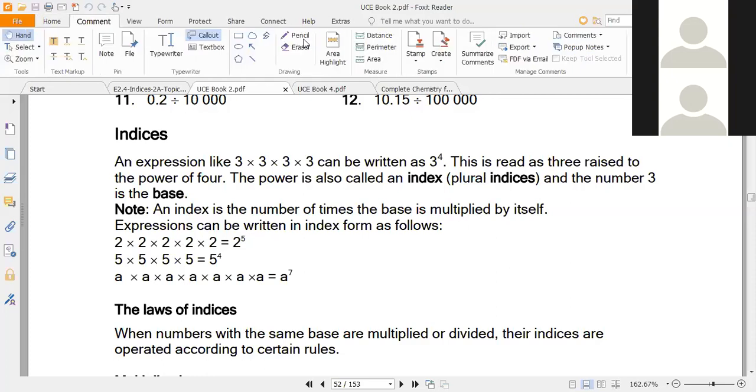Let me start afresh. As I had told you, we shall now be dealing with numbers which have powers, or numbers which are raised to powers.